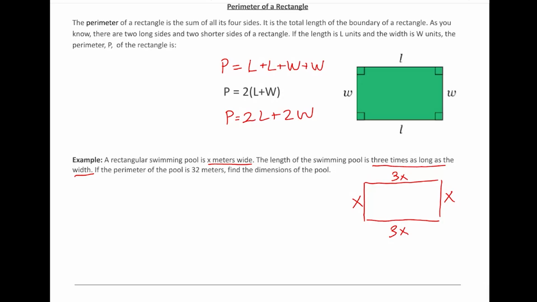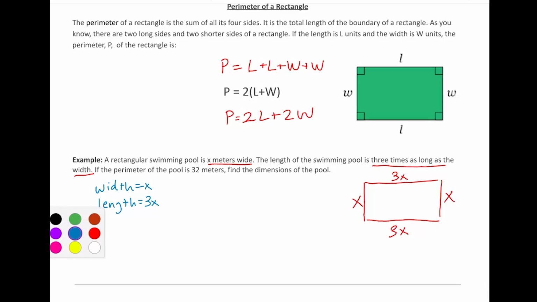So just to break that down, the width is x and the length is 3x. It says if the perimeter of the pool is 32 meters, find the dimensions of the pool. To find the perimeter, you add up all the sides, and for this particular pool, the perimeter is 32.